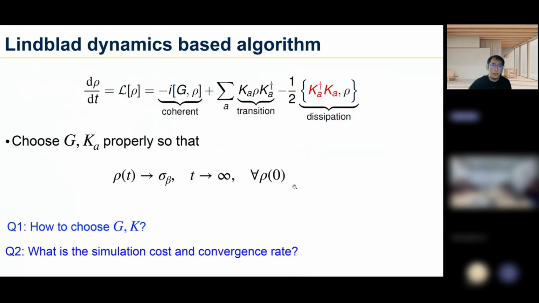Under this setting, there are two problems I need to solve. The first one is how to choose the matrix G and the matrix capital K. And next, after I choose G and K, what is the simulation cost and what is the convergence rate? I basically need to answer these two questions.